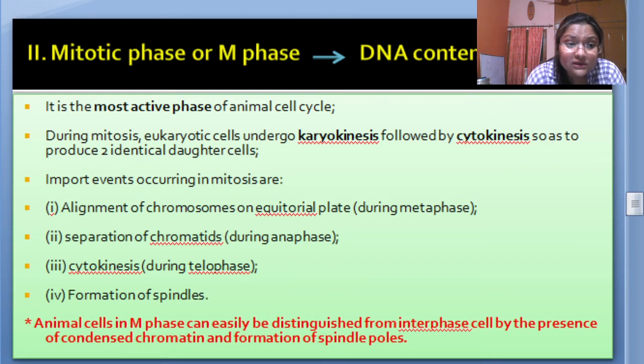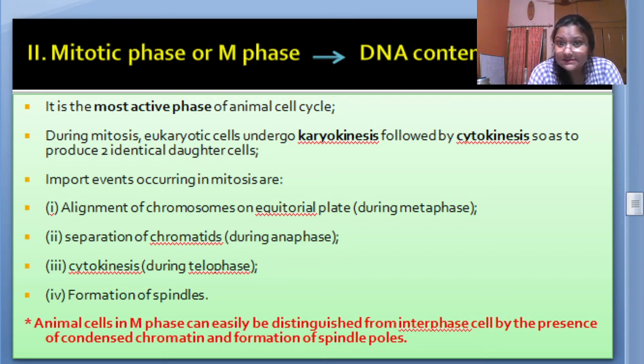Now, the important events occurring in mitosis. I hope everyone is aware that mitosis has 4 phases: prophase, metaphase, anaphase and telophase. In prophase, basically the genetic material, the nucleus, starts to condense and becomes thick and visible.